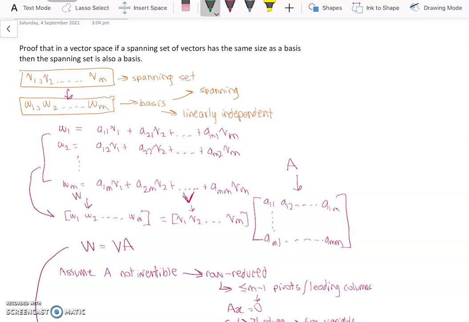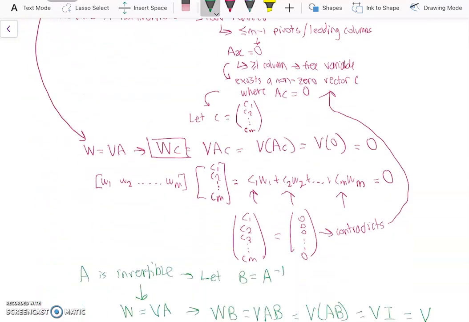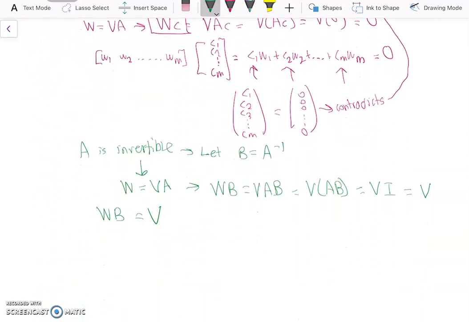So now what we have to prove is that the V's are linearly independent. Okay, so what I'll do is assume the V's are not linearly independent, for the sake of contradiction.